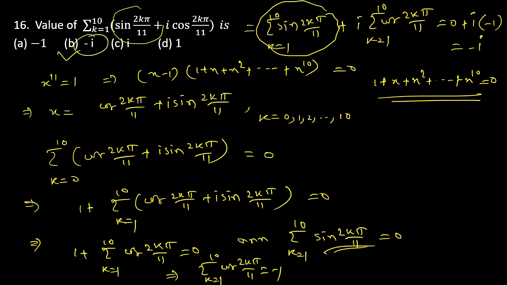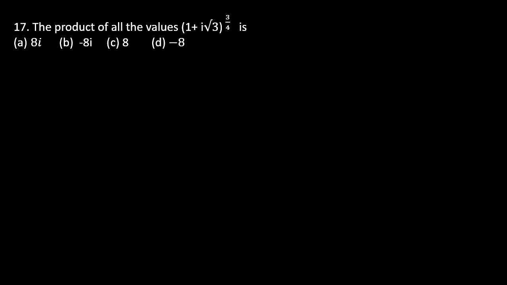Next problem. The product of all values of (1 plus i root 3) whole to the power 3 by 4 is: 8i, minus 8i, 8, minus 8. Look at the polar representation of 1 plus i root 3.